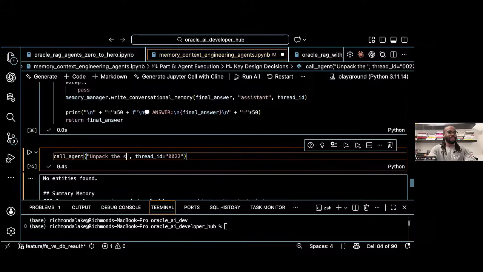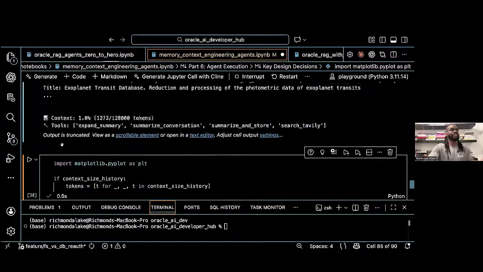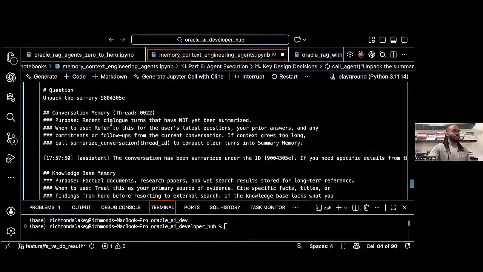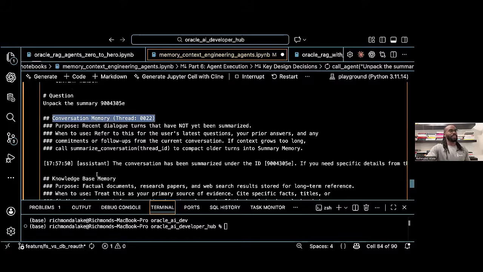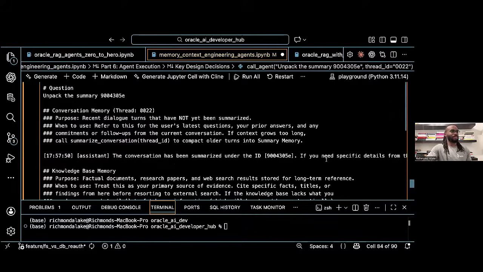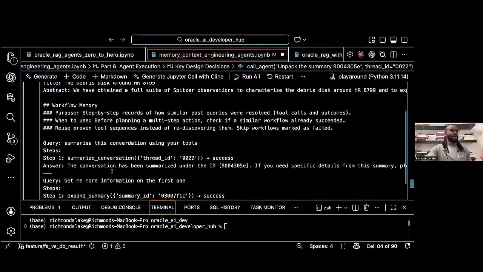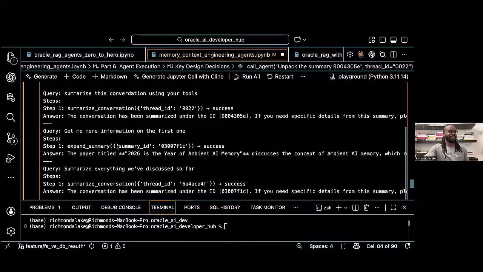One thing I'm going to do is say unpack the summary. Because I have the ID, I'm just going to tell it to unpack, and you can think of this as like a double click. And I'm going to show you that the context window, the conversation memory, is now just one entry, right? Because again, we summarized, and not only did we summarize, we removed the content to the database, but our agent can then unpack if it needs to, because it can expand a summary and use the ID we gave it.